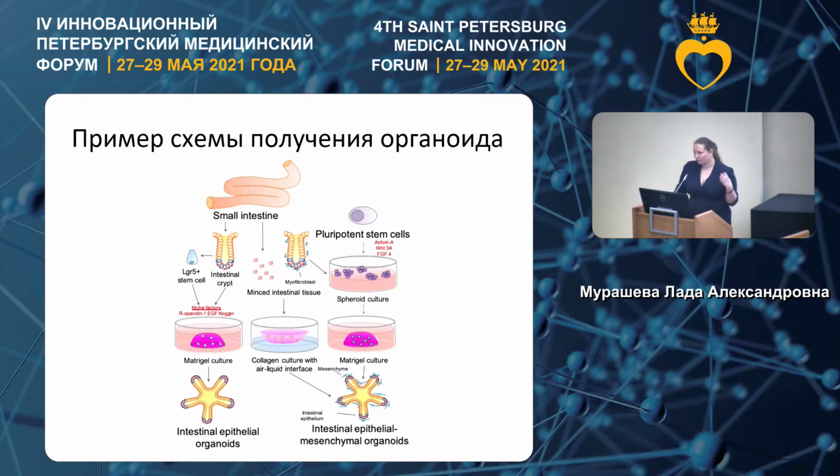We take either cells and place them into the medium, and they self-organize into intestine crypts, villi or strips. Or we can isolate stem cells and induce them towards growth, and with time they will form a normal organoid.